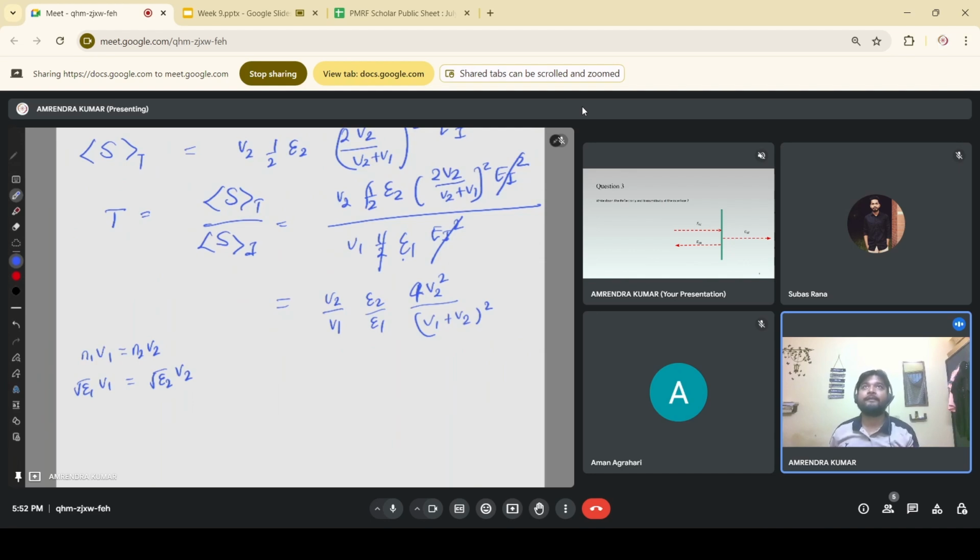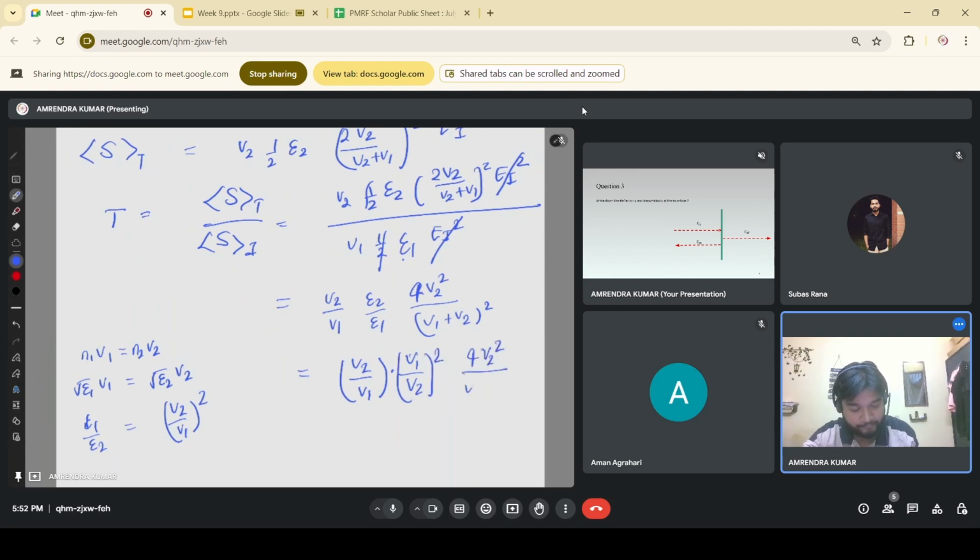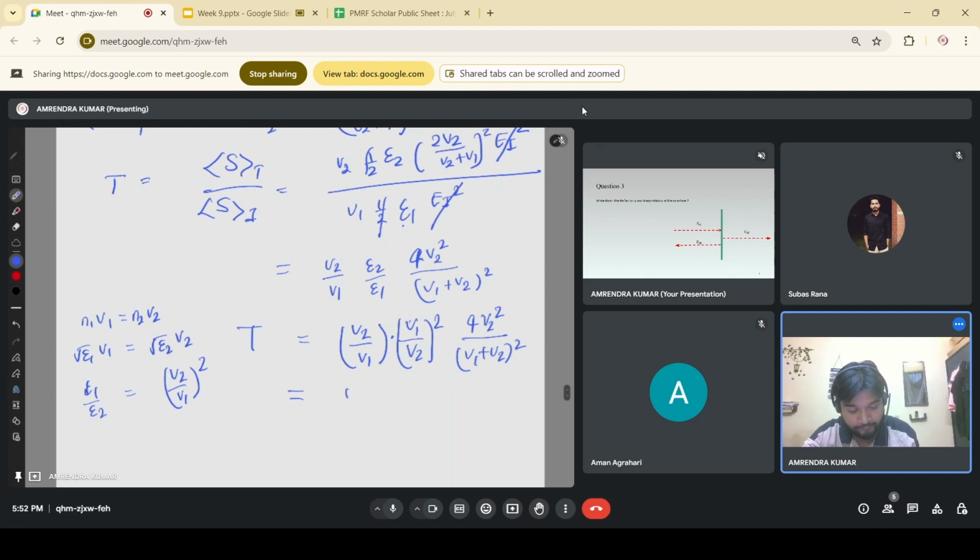And if this is the case, what does it mean? That means epsilon 1 over epsilon 2 is put into v1, and this will be reversed, squared. Now the transmittance is v2, v1 squared.